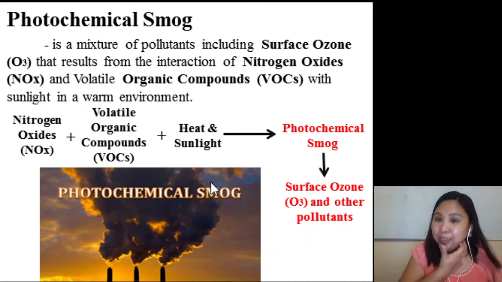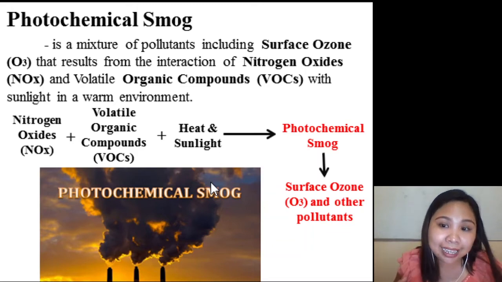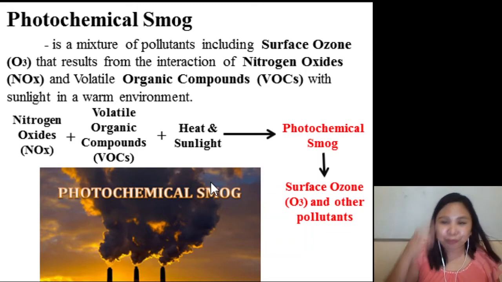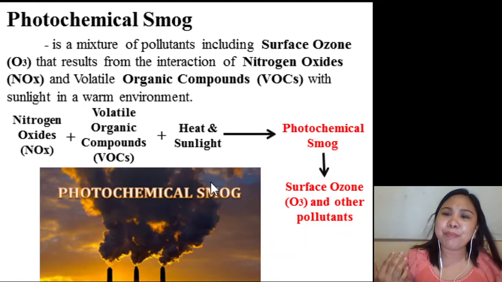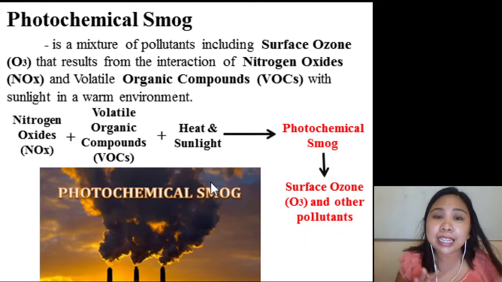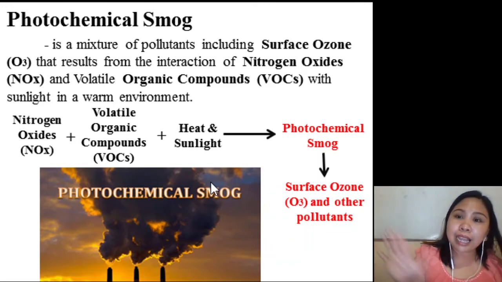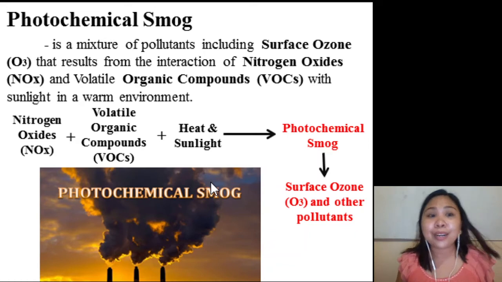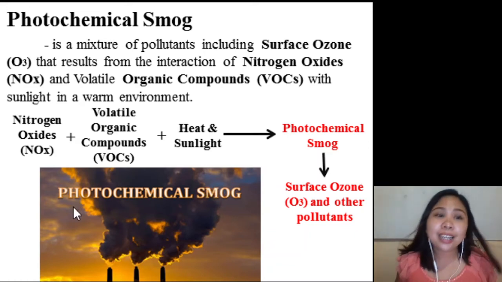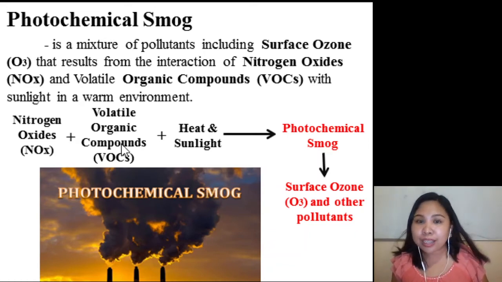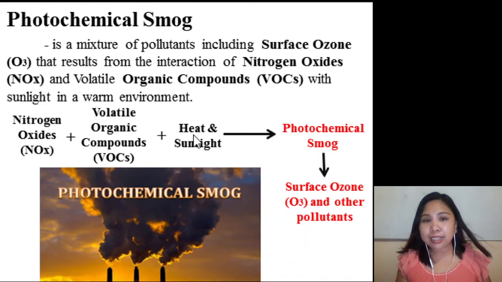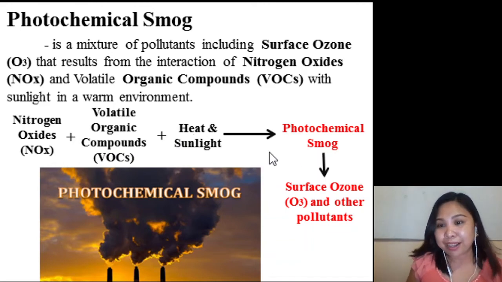Actually, nangyari siya sa Manila nung kasagsagan ng volcanic eruption ng Taal. Ayan. So, nagtataka yung iba, bakit kaya po sobrang parang zero visibility na within that area sa Metro Manila, papunta ng Batangas, kasi nga po nagkaroon ng reaction ng nitrogen oxide, yung mga VOC and init na galing sa araw, kaya nagkaroon ng photochemical smog.